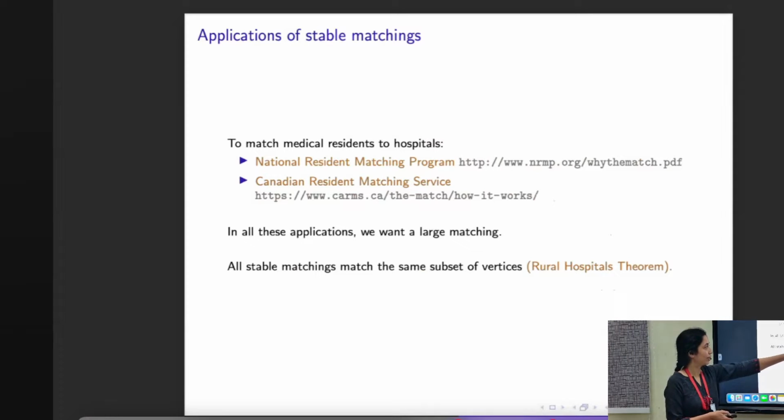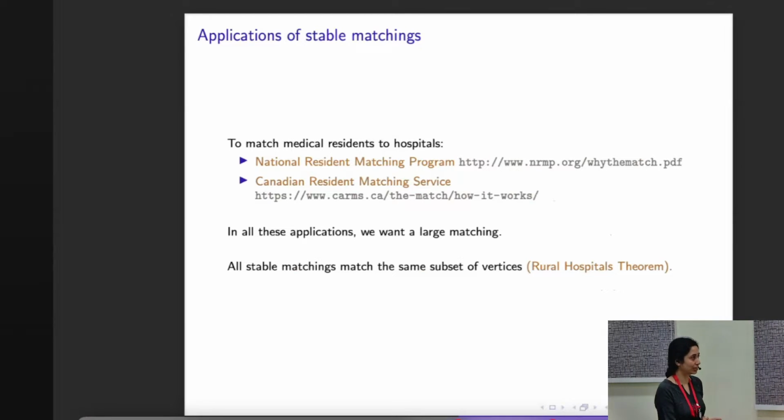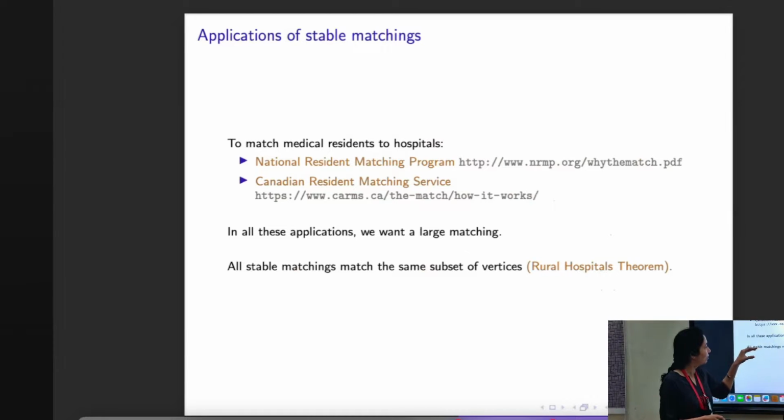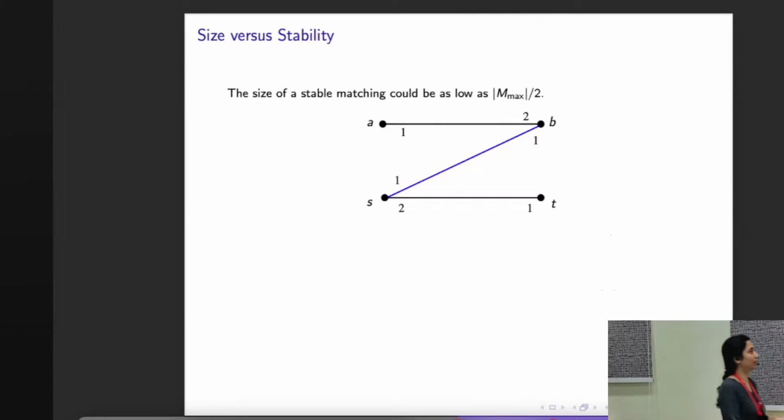And as Pallavi has already said, the rural hospitals theorem tells us that even though there are an exponential number of stable matchings, all of them have the same size. And in particular, the set of vertices matched in each of these matchings is the same. So that is a bit of a dampener.